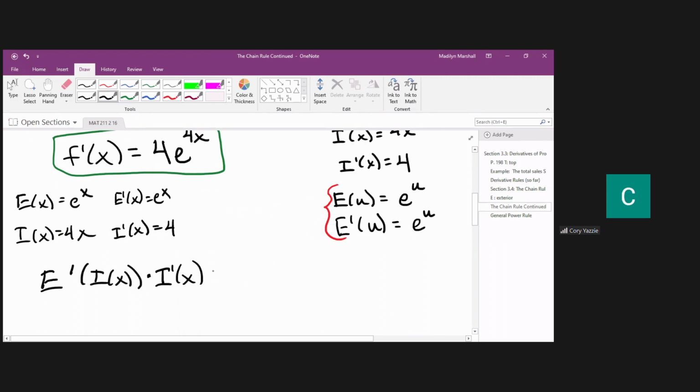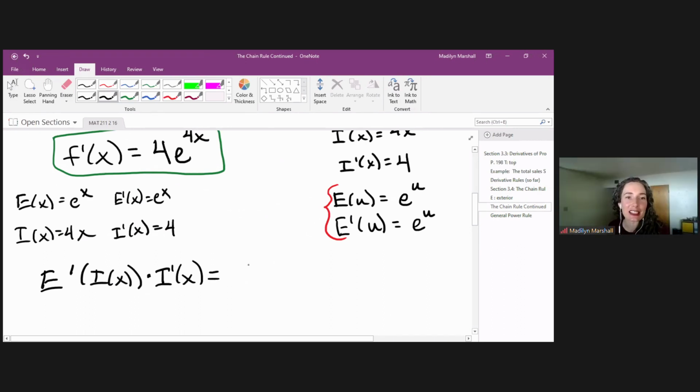Yep, that's exactly how I did it. Yes, so you also can do that. So our E prime is E to the X, but now we're putting I back in there, which would be 4x, times I prime, which is 4.